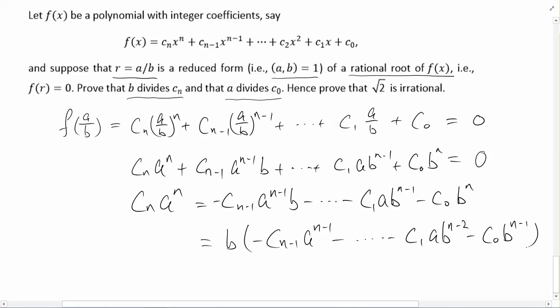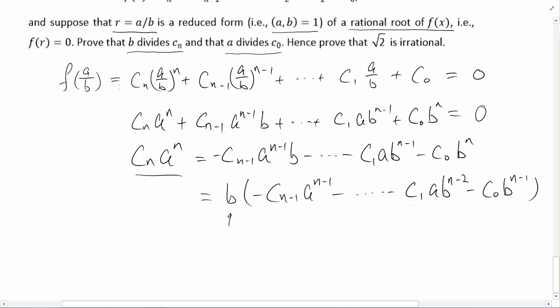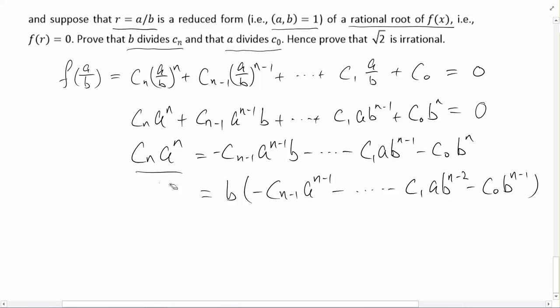Now you can see that b is a factor of Cn times a to the power n. Therefore b divides Cn times a to the power n.